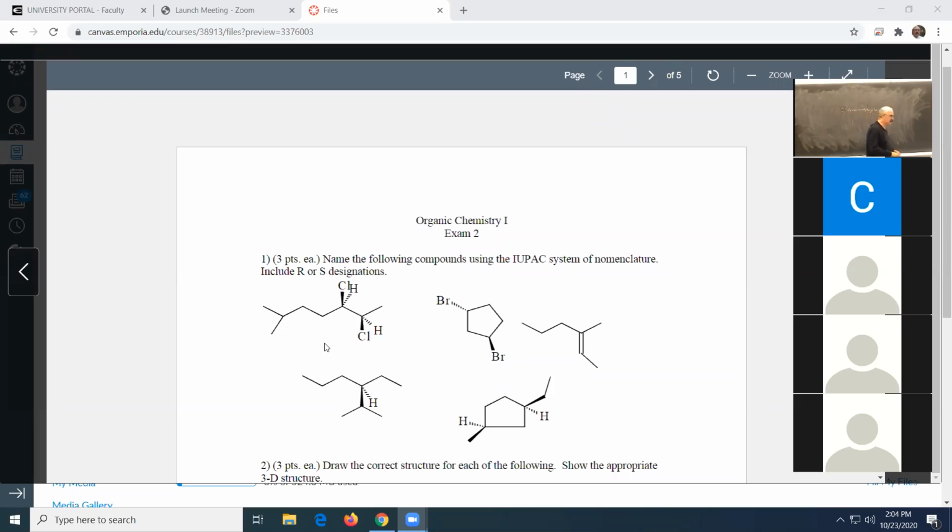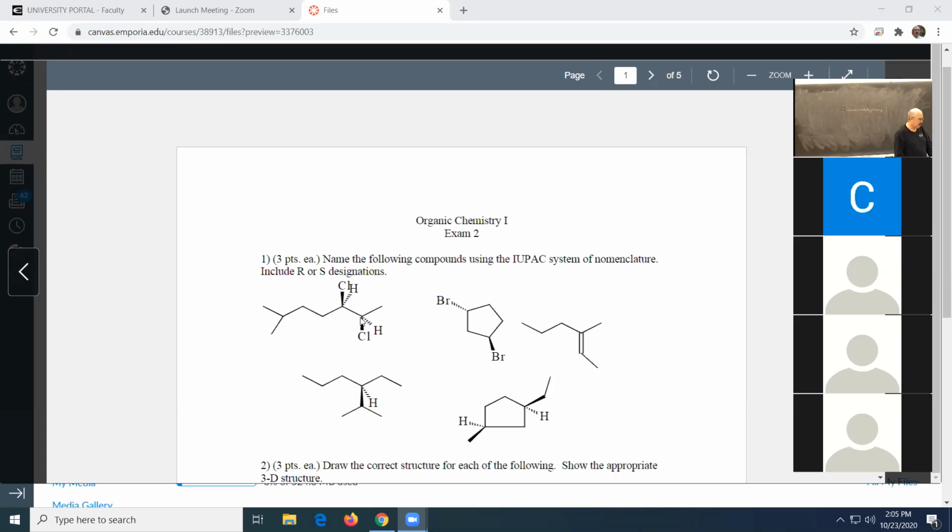And in terms of the configurations, let's do each one separately. We'll start at carbon number 2. Chlorine is first, and then a carbon with a chlorine on it is second. Methyl is third, hydrogen is back. So this one is R. And number 3, chlorine is 1.